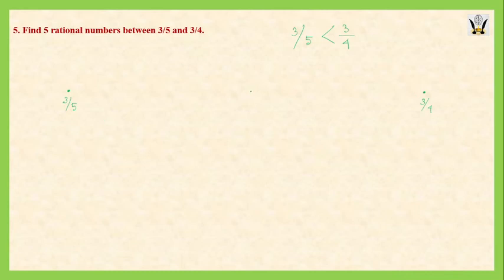Now what we will do is choose the mean value first. So here the mean value will be 3 divided by 5 plus 3 divided by 4, and then the whole summation will be divided by 2. So finally this value will come as 27 divided by 40. I am not doing this simplification as we have learned this type of simplification many times. So finally this value will come as 27 by 40.